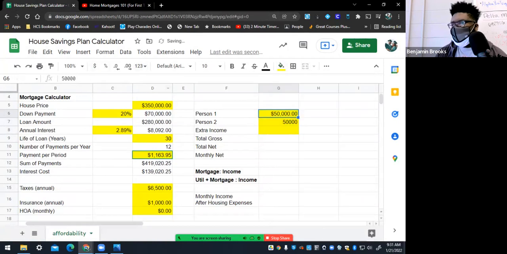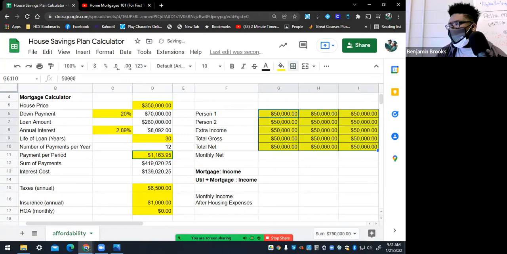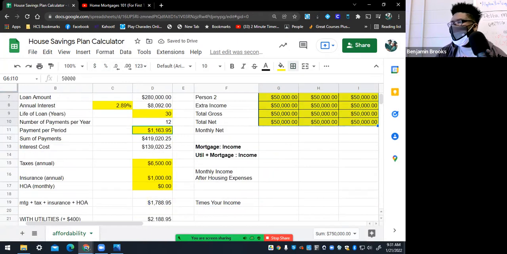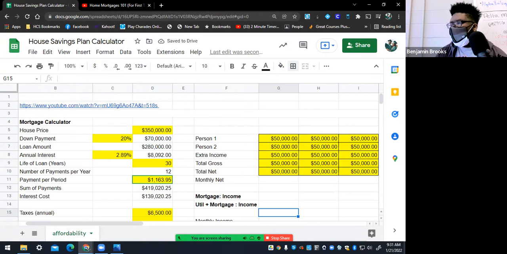Now we're going to make it dollars, and we could use borders here. This is not really what I was trying to do. Let's get rid of all these.